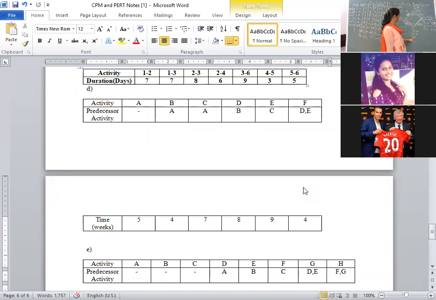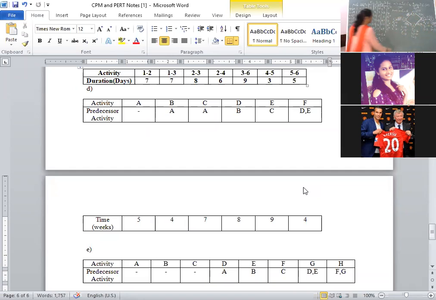Next, at node 4, L4 minus E4, 12 minus 12, 0 you got. That means 2 to 4 is your critical path. For node 5 also you got 0, that is 4 to 5 is your critical path. Node 6 also you got value as 0, that means 5 to 6 is your critical path. What are non-critical activities? Non-critical activities are 2 to 3 as well as 3 to 5.